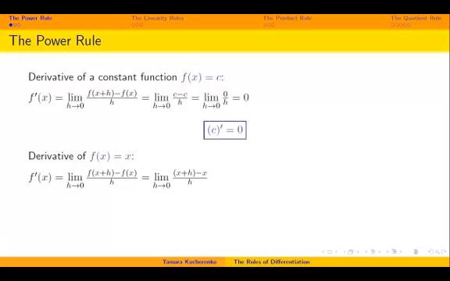We see that x and negative x eliminate each other. So we have the limit of h over h. h divided by h is always 1, so the limit equals 1. Therefore, the derivative of x is 1.